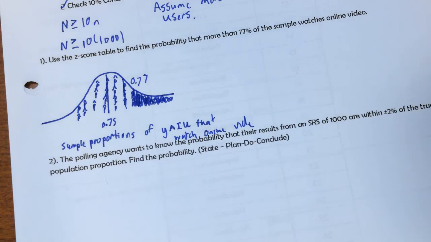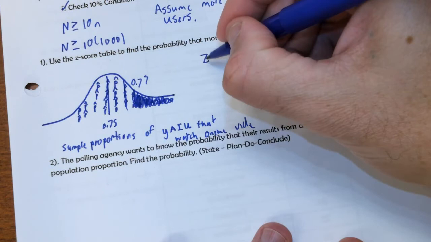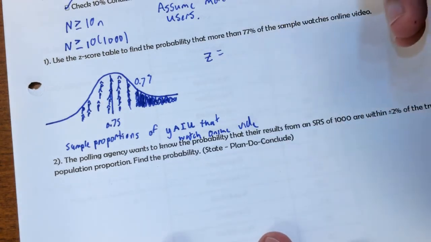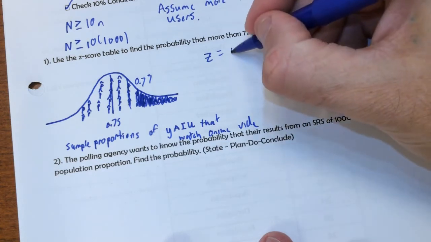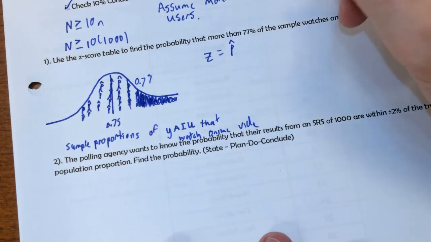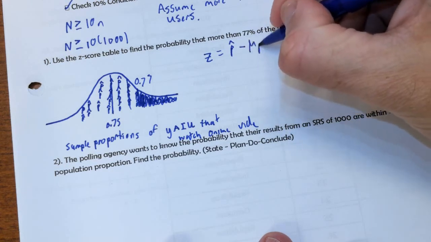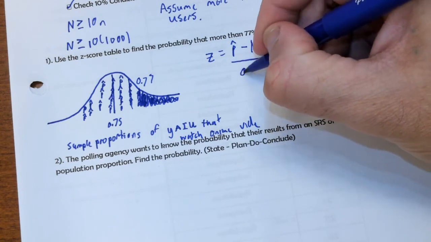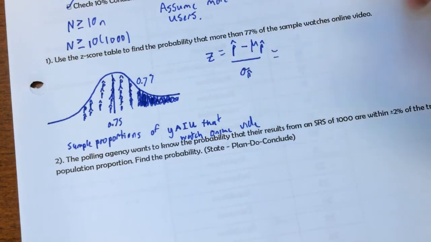What's the proportion up here? Well, they're asking us to use our z-score table. So the first thing we're going to do is calculate our z-score. I can do that because I have a normal curve. We know that z-score normally is equal to x minus mu over sigma, but in this case, we're talking about the sample proportion we're looking for, minus the mean of every possible sample proportion, divided by the standard deviation of every possible sample proportion.